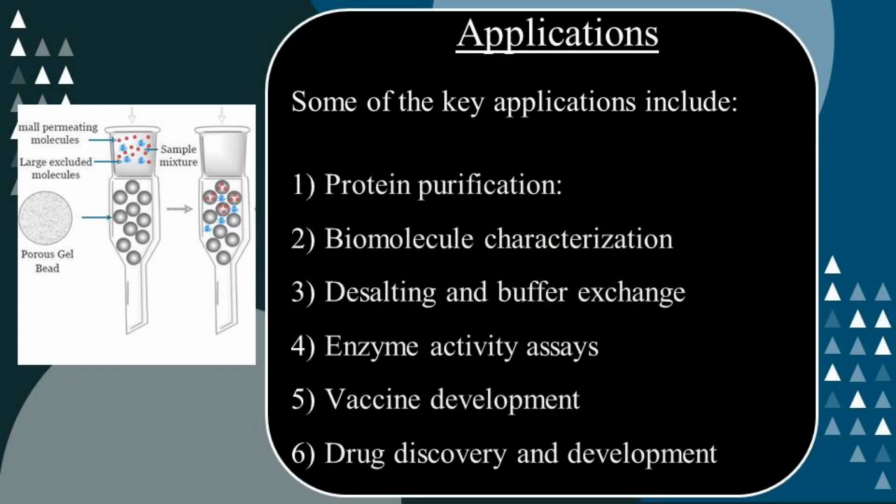When considering the applications of gel filtration chromatography, it is a versatile technique for separating, purifying, and characterizing molecules based on their size. Its applications span various fields of biological research, pharmaceutical development, and industrial biotechnology. Here are some of the key applications of gel filtration chromatography: protein purification, biomolecule characterization, desalting and buffer exchange, enzyme activity assays, vaccine development, drug discovery and development.